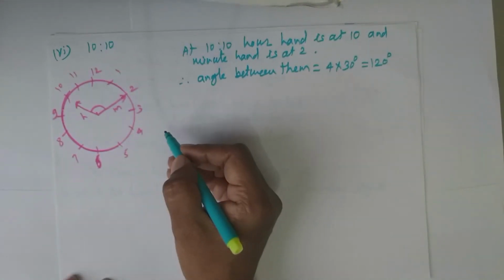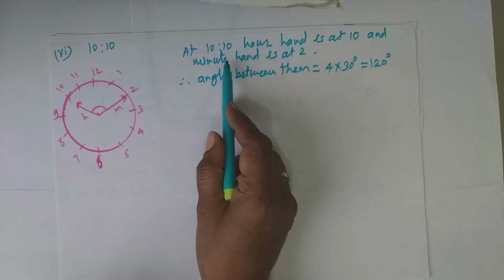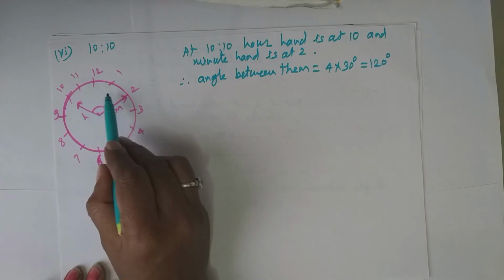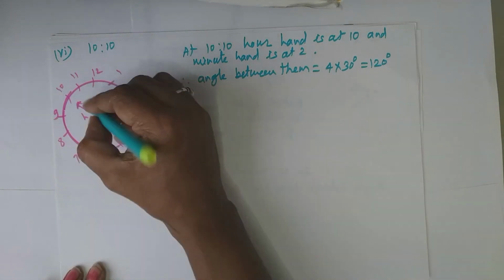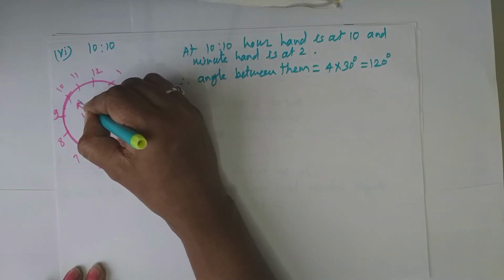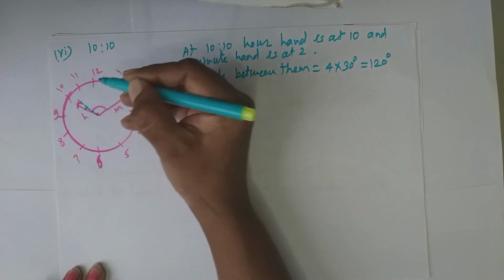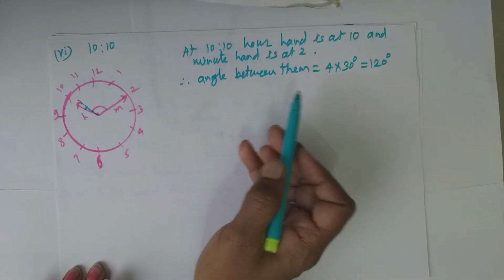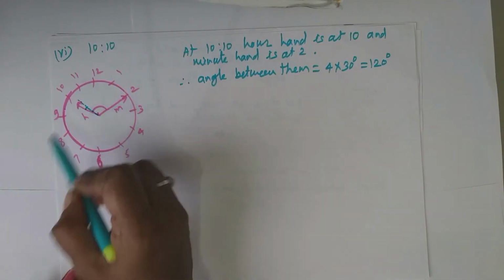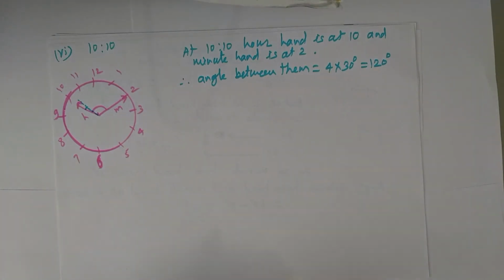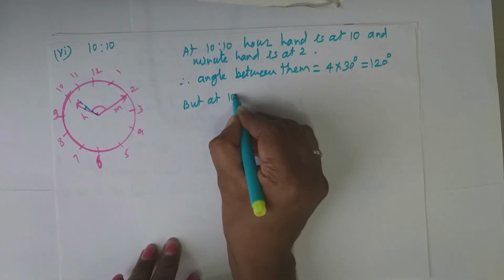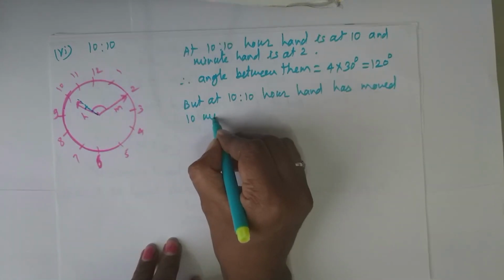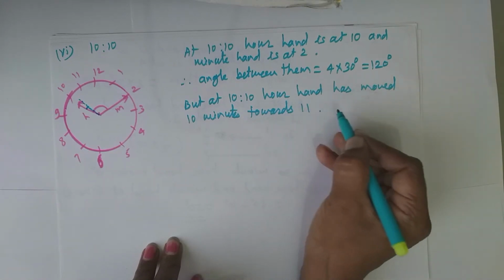But at 10:10, the hour hand is not exactly at 10. The hour hand has moved 10 minutes towards 11, so I have to subtract this angle from 120. Let's find out how many degrees it is in 10 minutes.